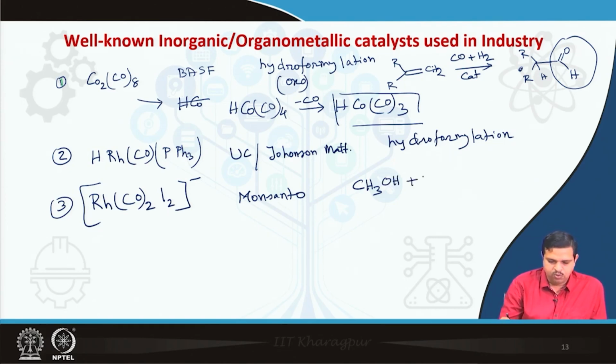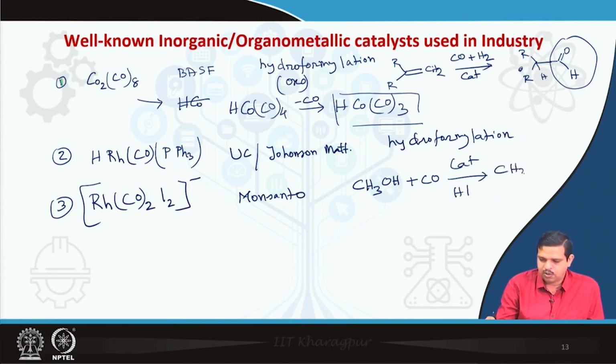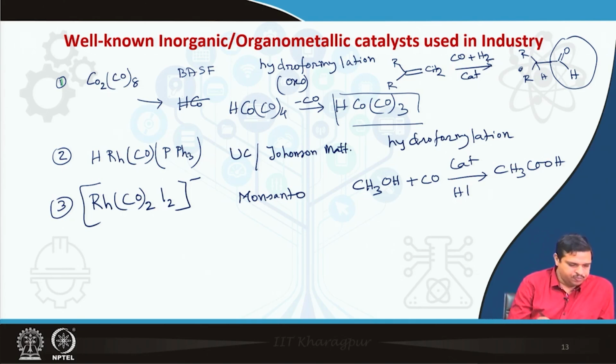Here you use methanol and the catalyst, and you also need some iodide source, HI, and you will get acetic acid. In all the cases we are getting important organic compounds, which are key precursors for many organic syntheses, and which can be synthesized from very cheap materials like methanol, carbon monoxide and hydrogen. So, that is why it is very popular in industry.